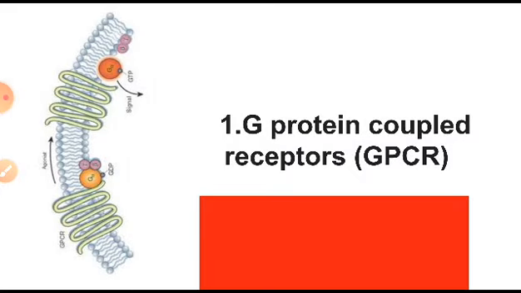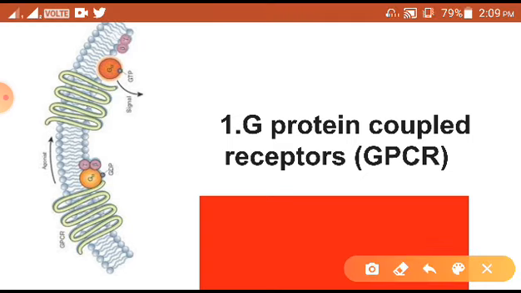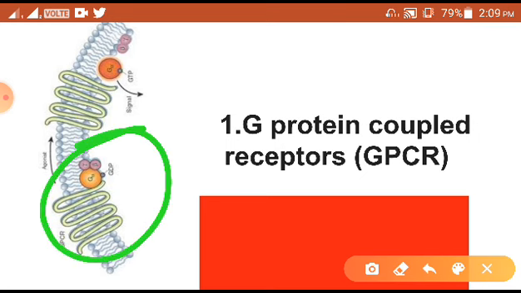Now I'll begin with the first and very important receptor, which we call the G protein coupled receptor. On the left, one kind of structure is being shown. This structure is a G protein coupled receptor structure, right? And as I told you, they are across the membrane, or transmembrane.